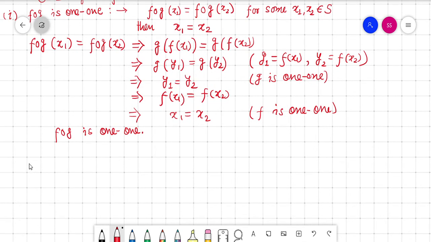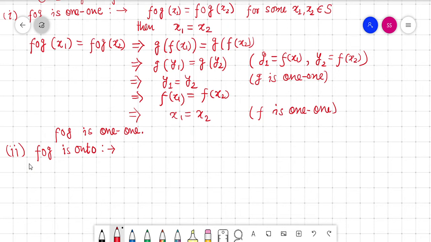Now the second one: f composition g is onto. We have to prove both these, 1-1 and onto. Only then will this composition be an element of Sn. So for ontoness, what do we have to show? Simple.